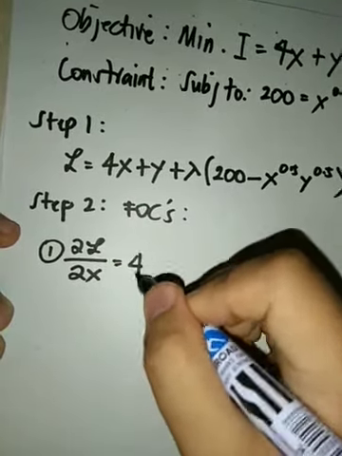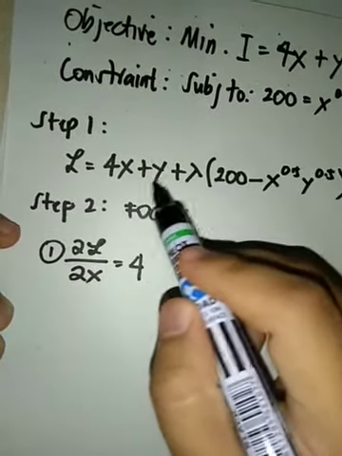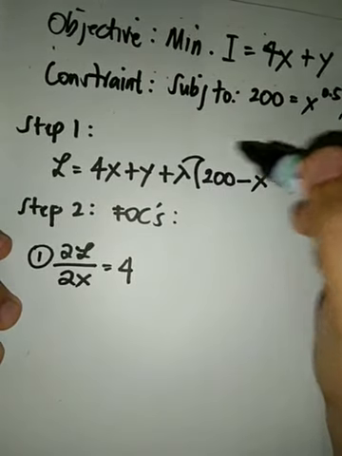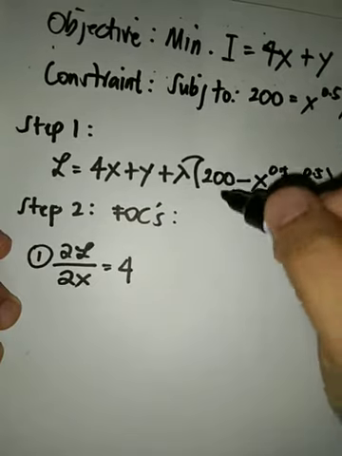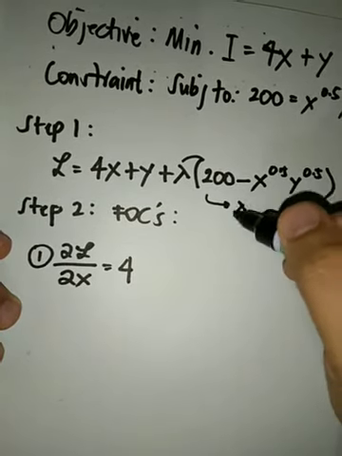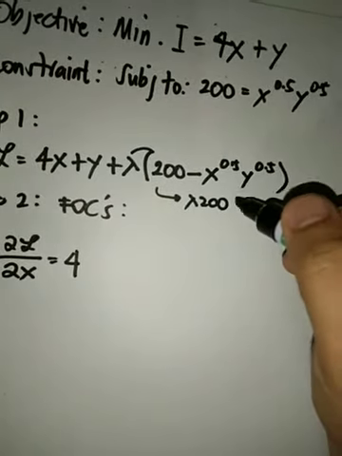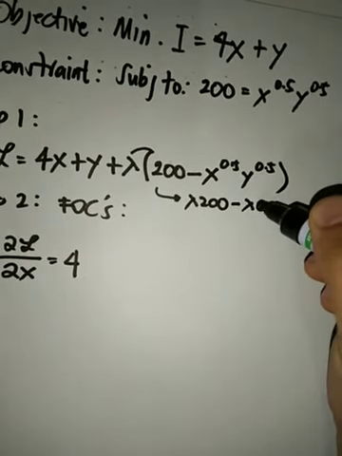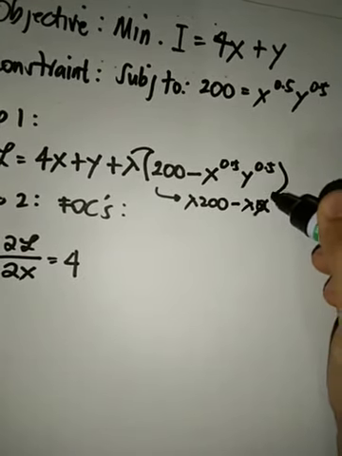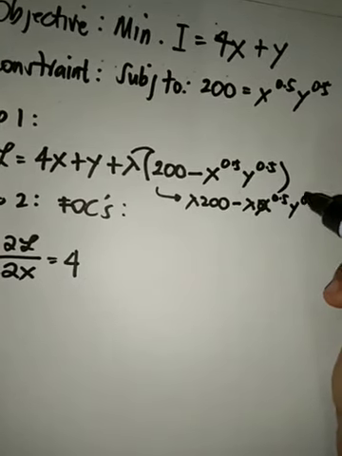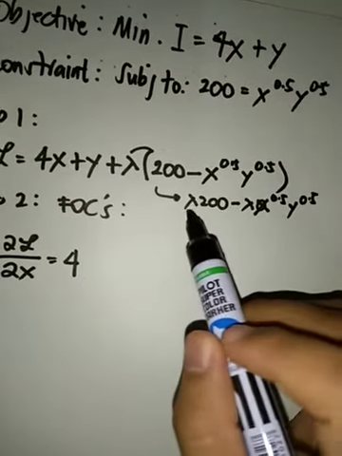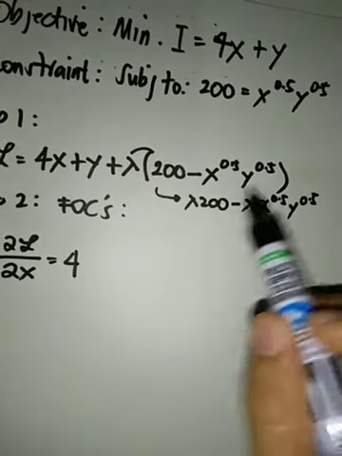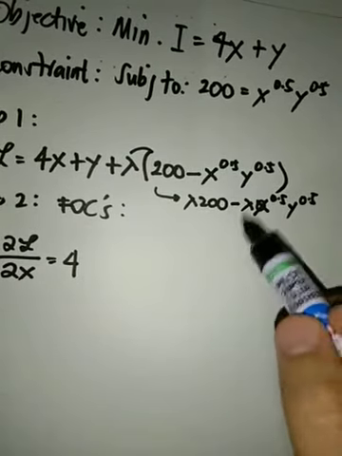This will become 4. Then this will not be included. If you multiply this, it becomes 200 lambda minus lambda x raised to 0.5 y raised to 0.5. This one, you will no longer include it, right? Because it has no x there.